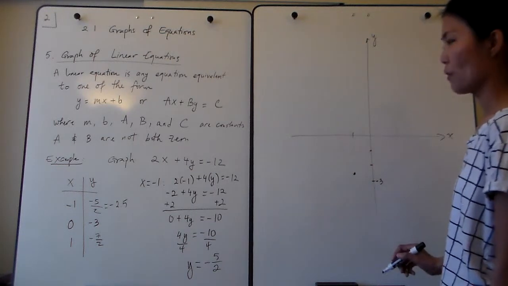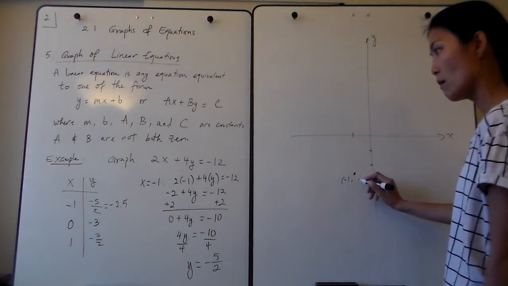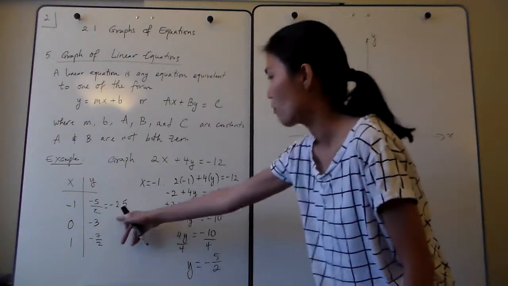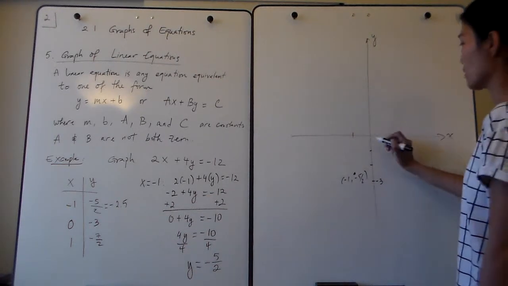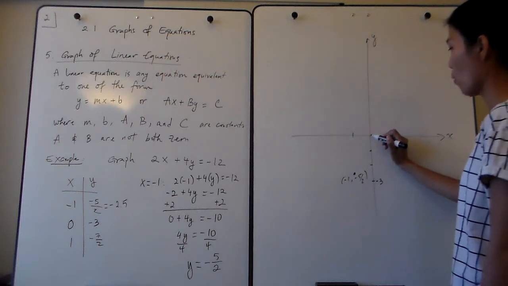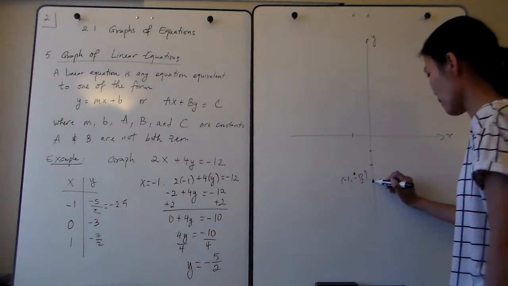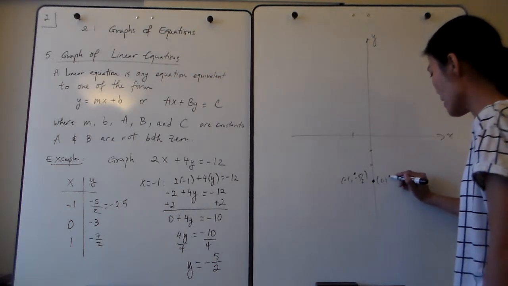So this point right here is -1, -5/2. This point right here, x is 0, right where x and y intersect, x is 0, y equals -3. So right here, 1, 2, 3. So this point right here is 0, -3.